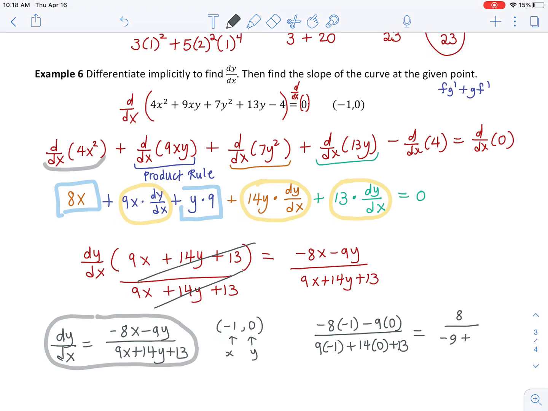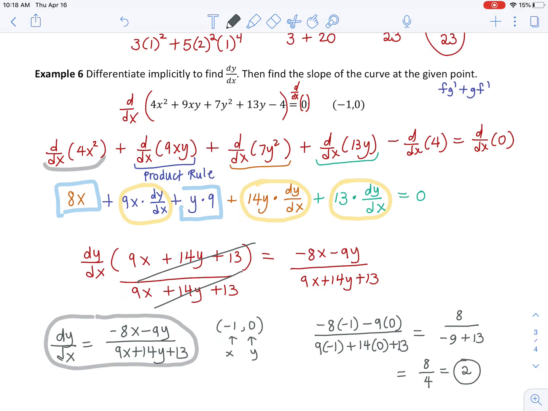Okay, what's that going to be? The numerator is 8, right? 8 over, the denominator is negative 9 plus 0, and the next term is 13. So if I simplify that, I will get 8 over 4. Is it really? That is super nice because that is simply 2. Alrighty, that is it.